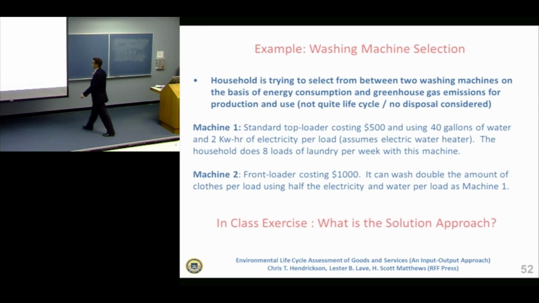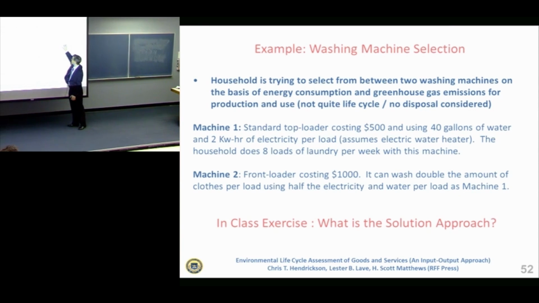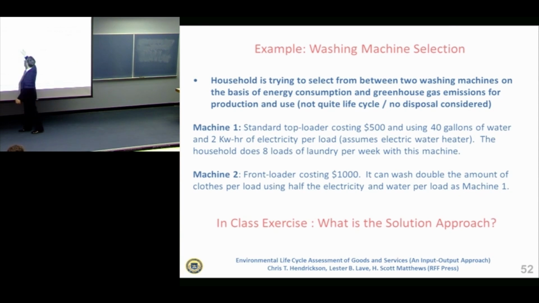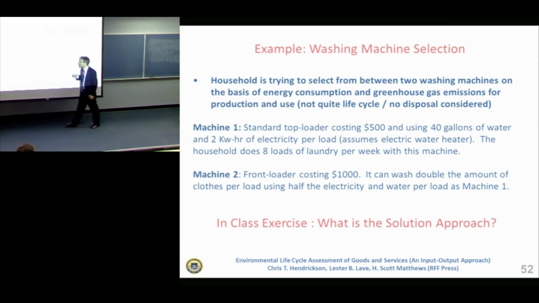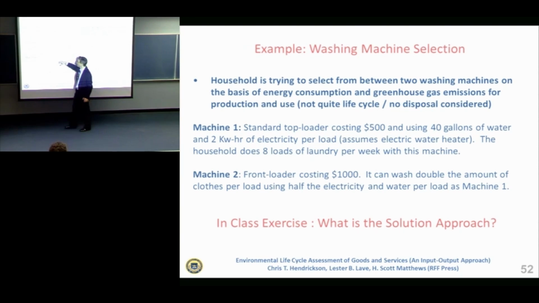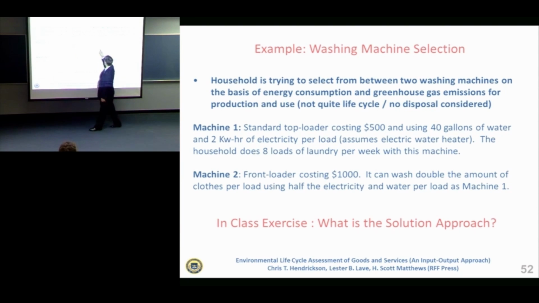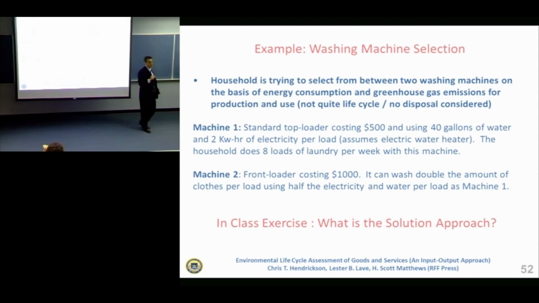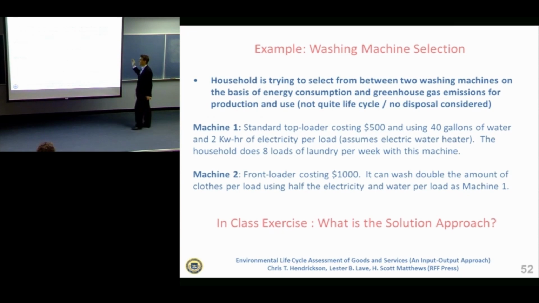It costs $500 to purchase, uses 40 gallons of water per load, and it uses 2 kilowatt hours of electricity per load. The household that we're thinking about, maybe it's your household, does 8 loads of laundry per week if you buy that laundry machine. Machine 2 is a front loader.